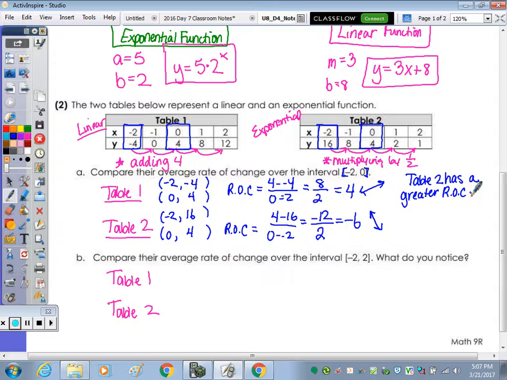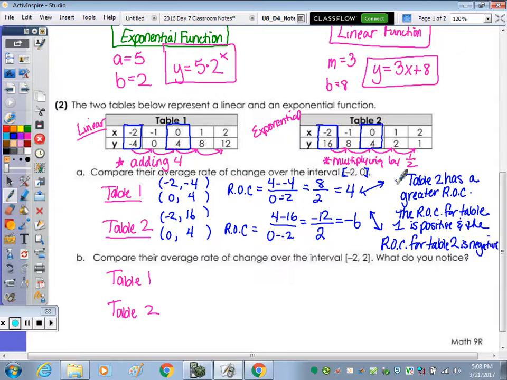And we can also note that the rate of change for table 1 is positive, and the rate of change for table 2 is negative. Okay, so there are two things about those two rates of change.